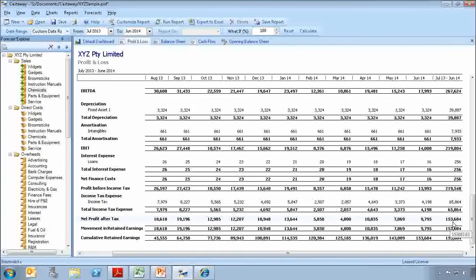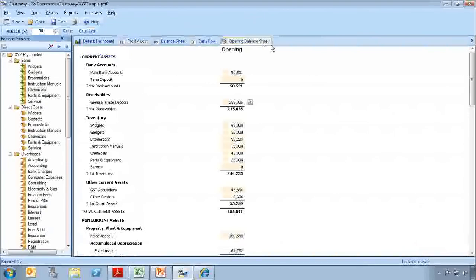So if we had that $153,000, if I look at the opening balance, and we had 50 at the start of the year, we'd typically like to see that 153 turn into about 203,000 at the end of the year.